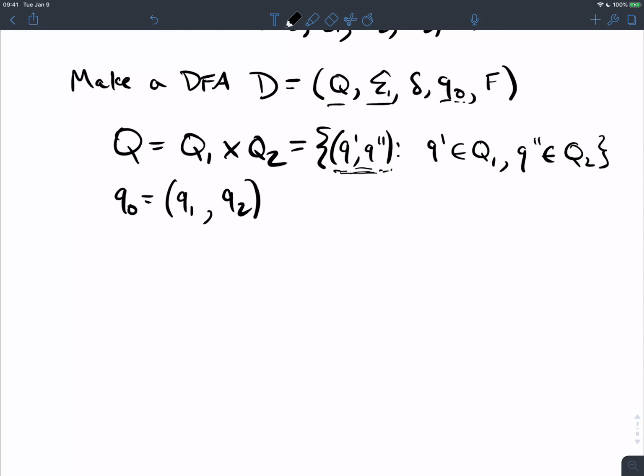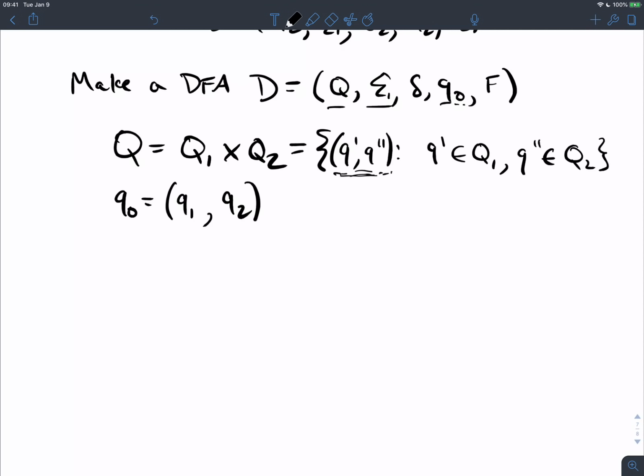So let's handle the transition function next, and you'll see why I'm doing the transition function next. What are states in this machine? Are they just normal states, or what are they? They are ordered pairs.